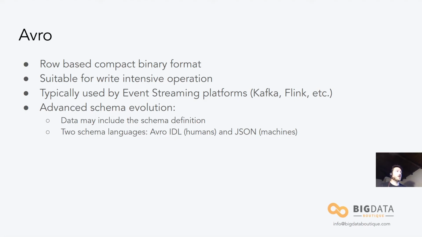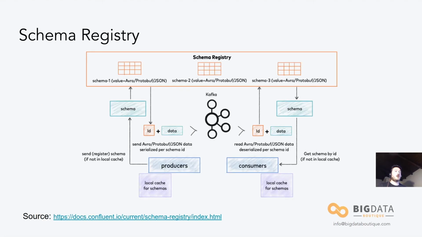So to do that, let me introduce the Schema Registry. Schema Registry is a service which is able to store the schemas. It may be in Avro, it may be in Protobuf, it may be in JSON schema, and it acts as a source of truth for those schemas. So you have a central system managing your schemas.